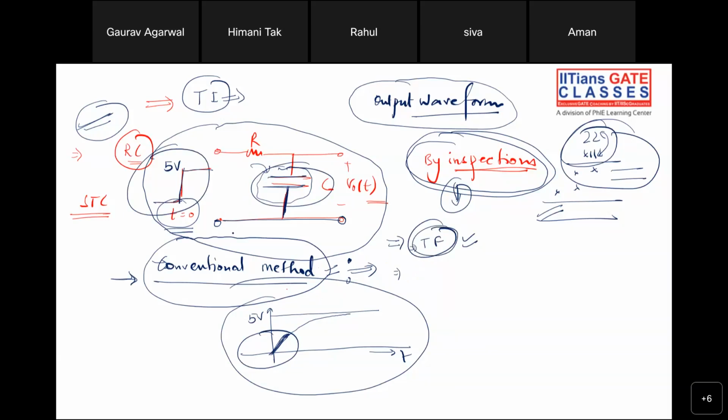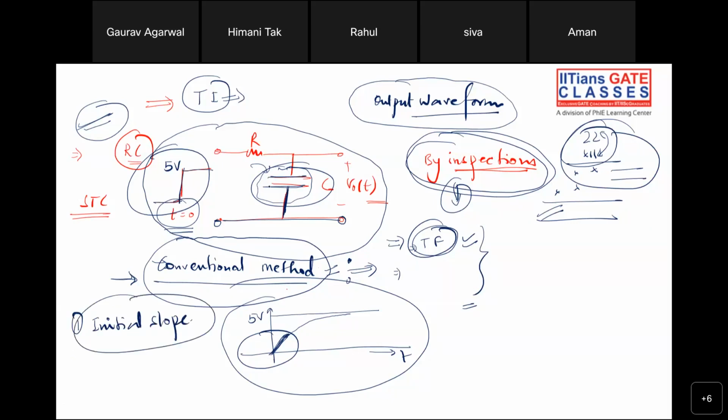But if you want to analyze this circuit with the help of the time domain only, please make sure these things are followed. I'm not going to discuss a particular method, I'm just telling you that you have to draw the waveform directly without taking the help of Laplace transforms. The initial slope is the first question they will pose.